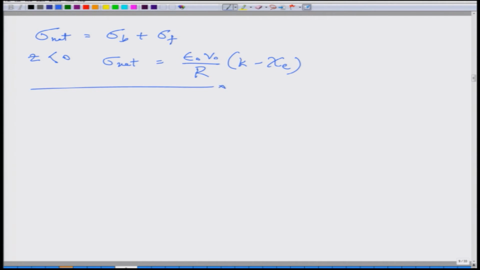Now, in the next part of the problem, we are supposed to argue whether, for this particular symmetry or geometry, I can use that same potential or not.